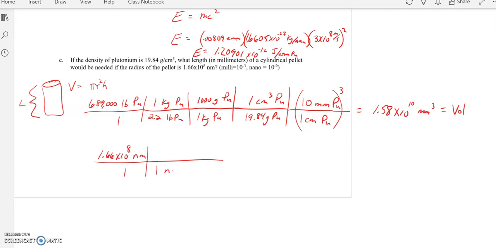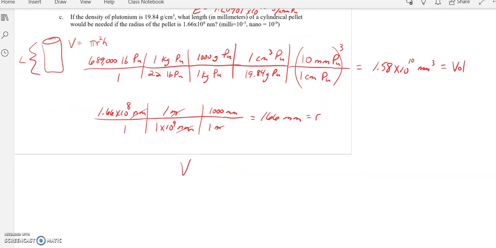I know that there are 1 times 10 to the 9th nanometers in a regular old meter. And I know that a meter has 1,000 millimeters. Nanometers cancels out. So I end up with 166 millimeters. That's my radius of the pellet.